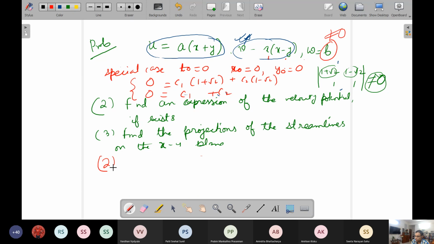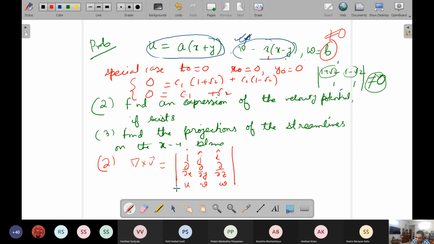We will find out the curl of the velocity and see whether it is a null vector or not. Because if the curl of the velocity vector is a null vector, then it is irrotational flow, and then you can find out the vorticity.